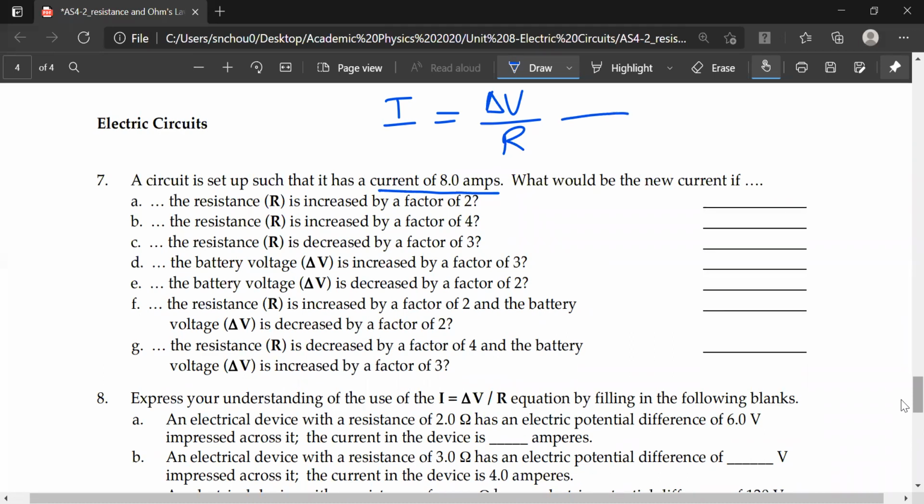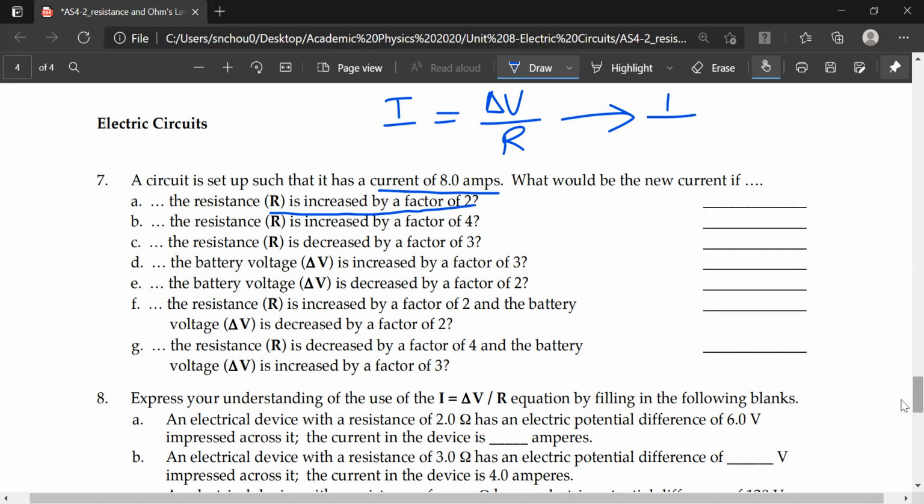According to the formula, okay, if the resistance is increased by a factor of 2, notice that it doesn't say delta V, which is the voltage, has changed. The variable that doesn't change, just keep it as a 1. Just think of that as a 1. Okay, put a 1 there. The R has increased by a factor of 2. It's doubled.